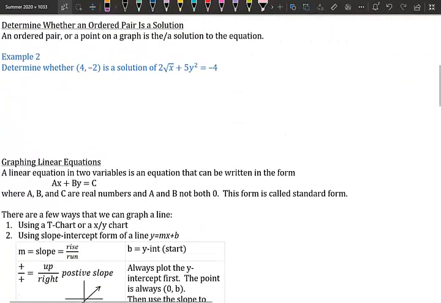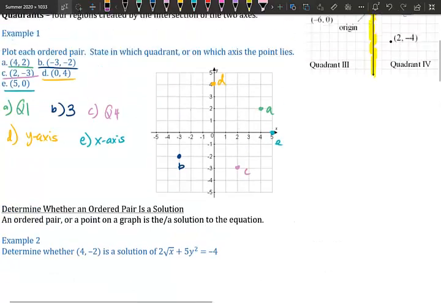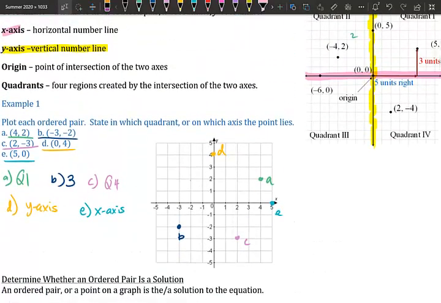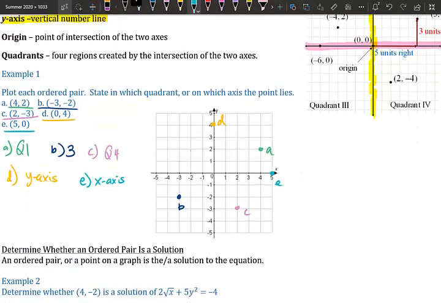Alright, we're going to determine whether an ordered pair is a solution. An ordered pair, or a point on a graph, is a solution to the equation. So when we graph something, it's the solution to the equation. Say I had this graph, and I had an equation that represented it.